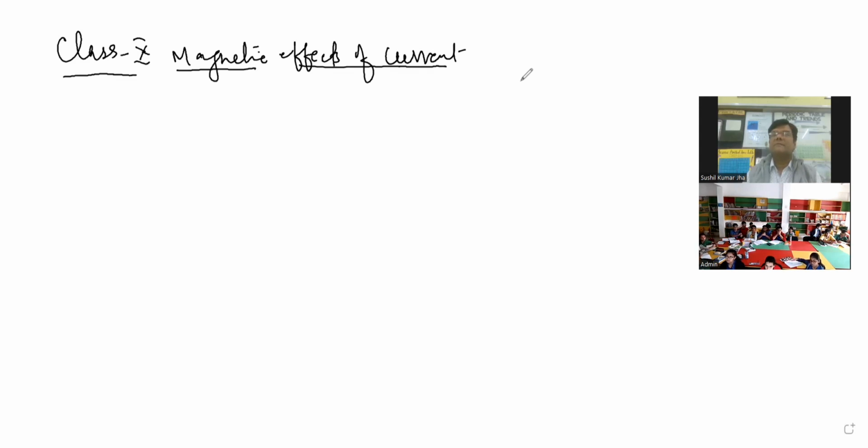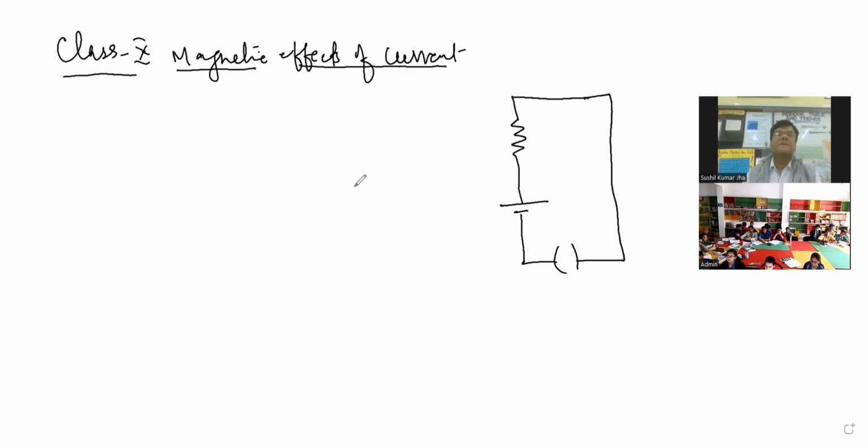All of you see one arrangement, and the arrangement is like this. A very simple arrangement was made.